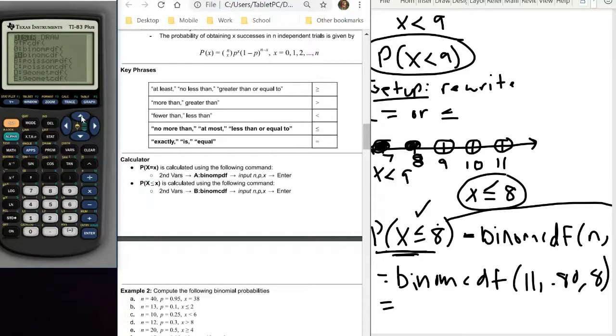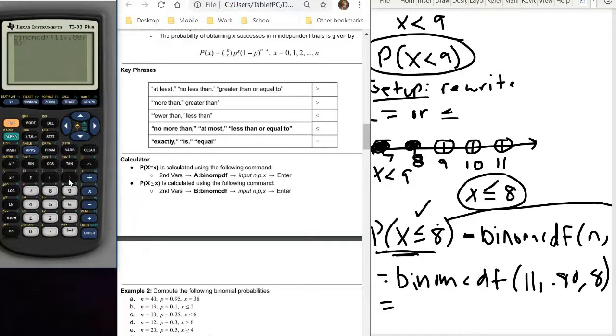Okay, binom CDF. For the TI-83, it places it on the home screen, not really telling us how to use it, but it does need the 3 entries. Number of trials, 11. Probability of success. And as long as you have the correct symbol, the correct setup, take that number and place it for x.